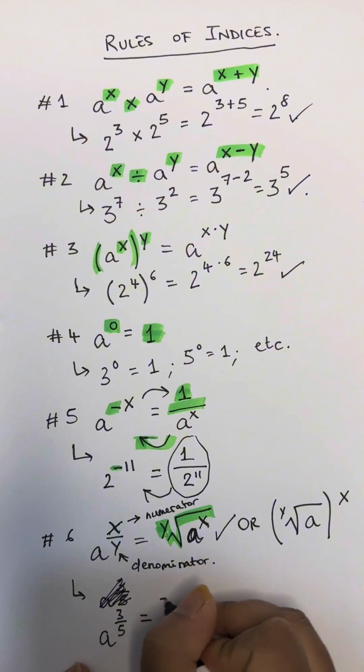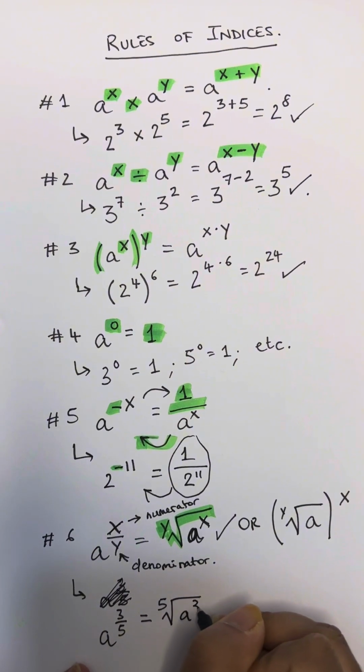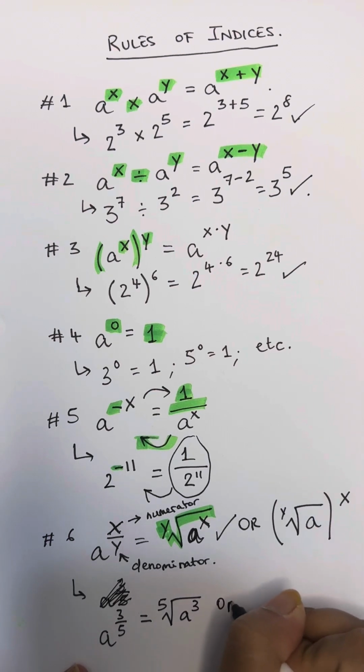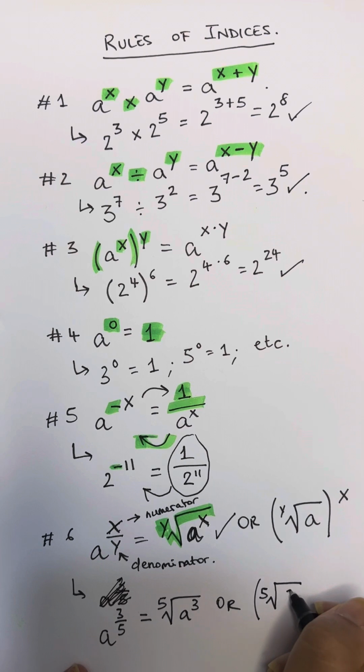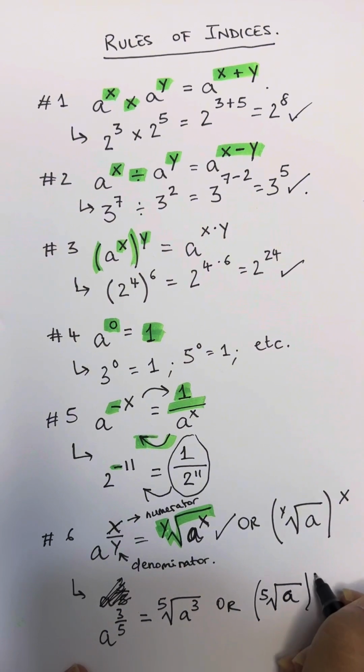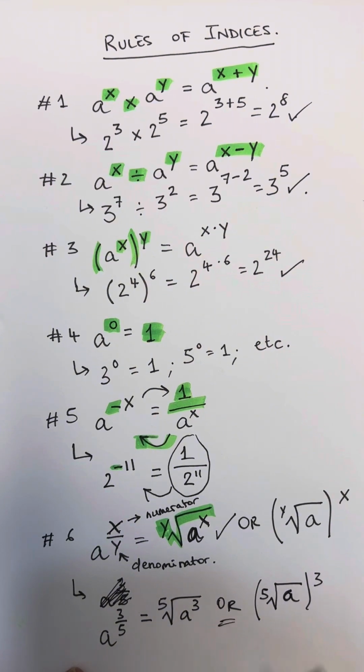Our 5. So it's going to be the 5th root of a to the power of 3. Or it can also be written as the 5th root of a, raised to the power of 3, in this format, and they're both correct.